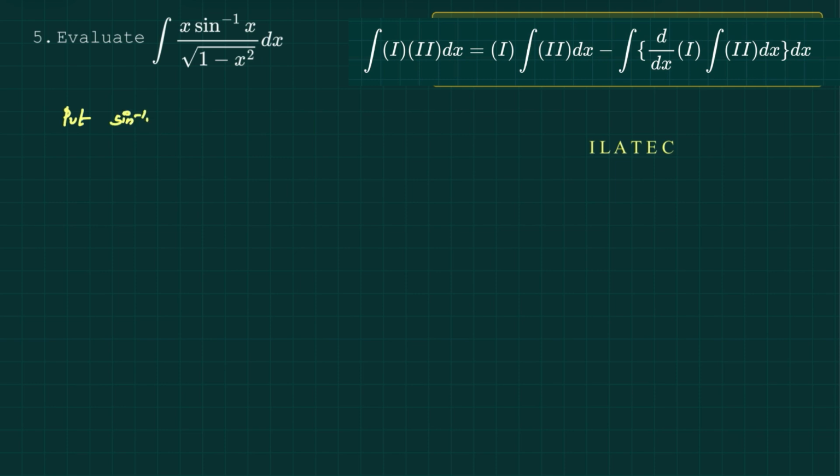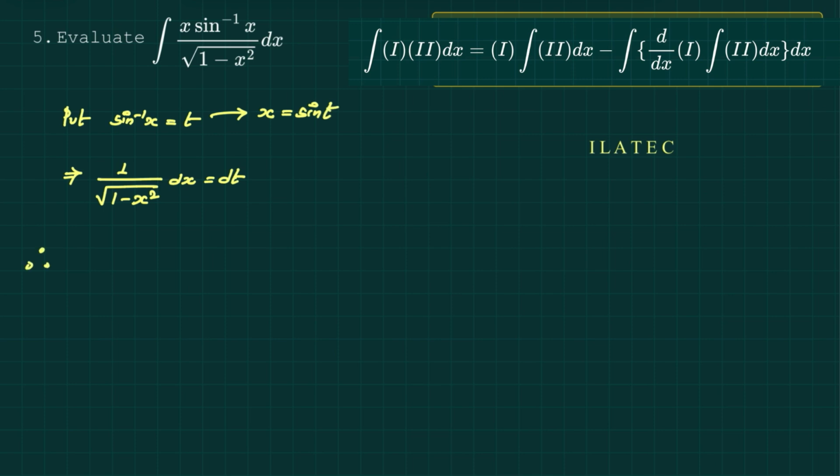sin inverse of x equals t, and if I differentiate both sides with respect to x, d/dx of sin inverse of x is 1 over square root of 1 minus x square, dx equals dt, and from here we can write x equals sine of t.